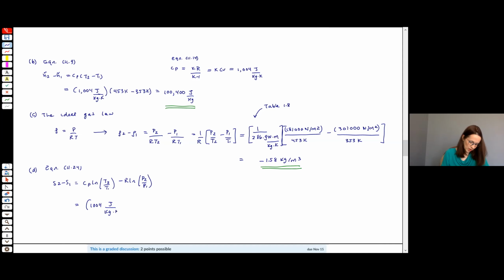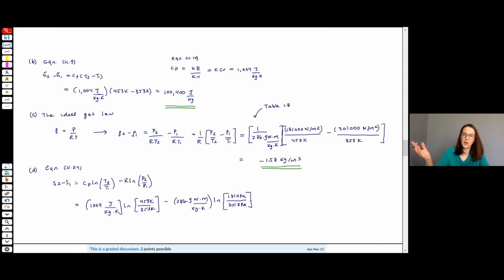1004 joules per kilogram Kelvin times natural log of 453 K over 353 K, minus 286.9 Newton meters per kilogram K times the natural log of 181 kilopascals divided by 301 kilopascals.